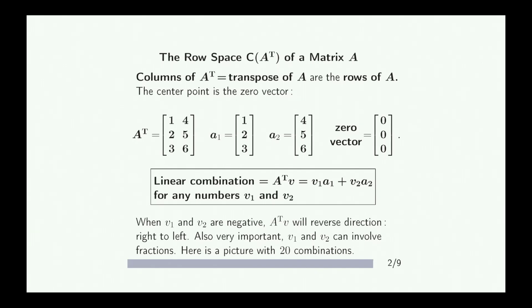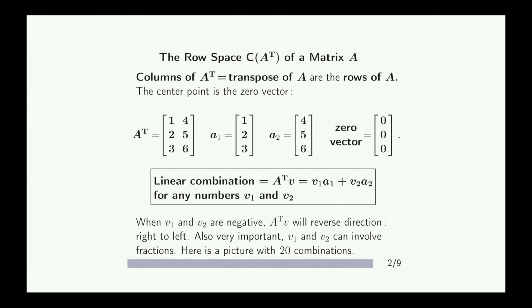Here's a good example. I have 2 columns, 2 vectors A1 and A2, and they are in 3-dimensional space. So one vector in 3-dimensional space is just along a line. If I multiply it by anything, I'd get the whole line, but it would be just a line. But now I throw in the second column.